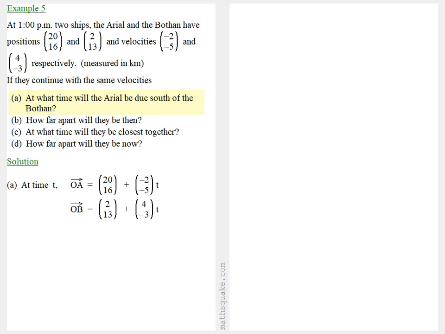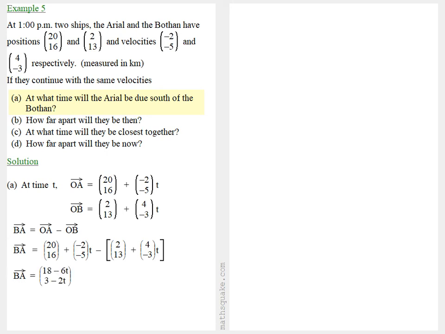And the position of B, OB, will equal (2, 13) + t(4, -3). Now we know BA equals OA minus OB, and so BA is equal to (20, 16) + t(-2, -5), take away (2, 13) + t(4, -3). So we have BA is equal to the vector (18 - 6t, 3 - 2t).